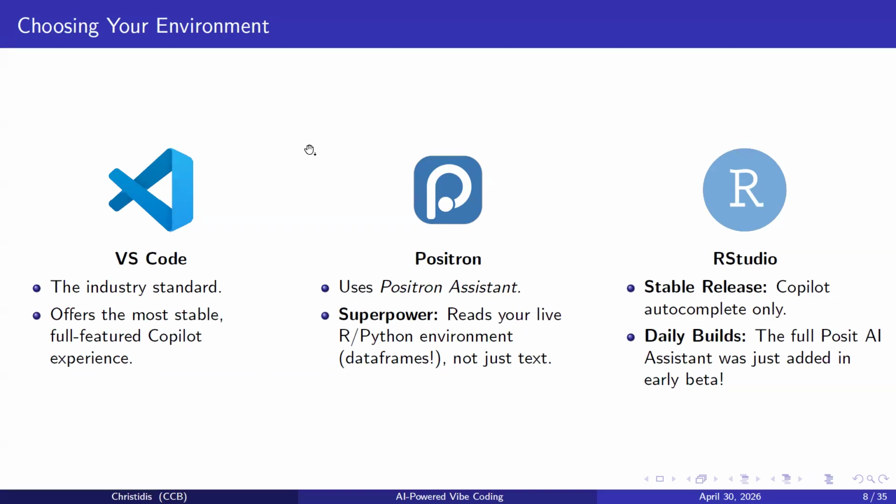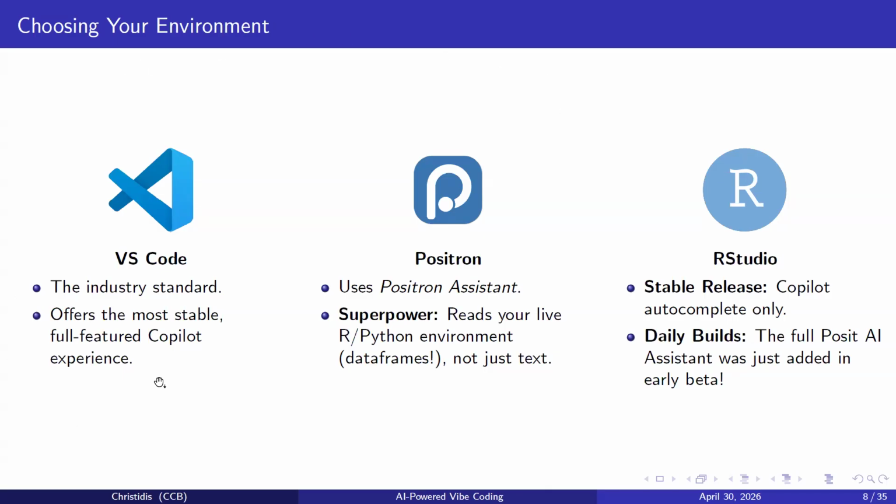And on top of that, there is a very nice feature of Positron via the Positron Assistant: once you integrate the AI into Positron, it doesn't just have access to all your scripts. It actually also has access to all the objects in your environment. So, for example, if you have a data frame and you prompt the AI to modify your script, and it needs the context of the column names of your data frame, it can access it automatically.